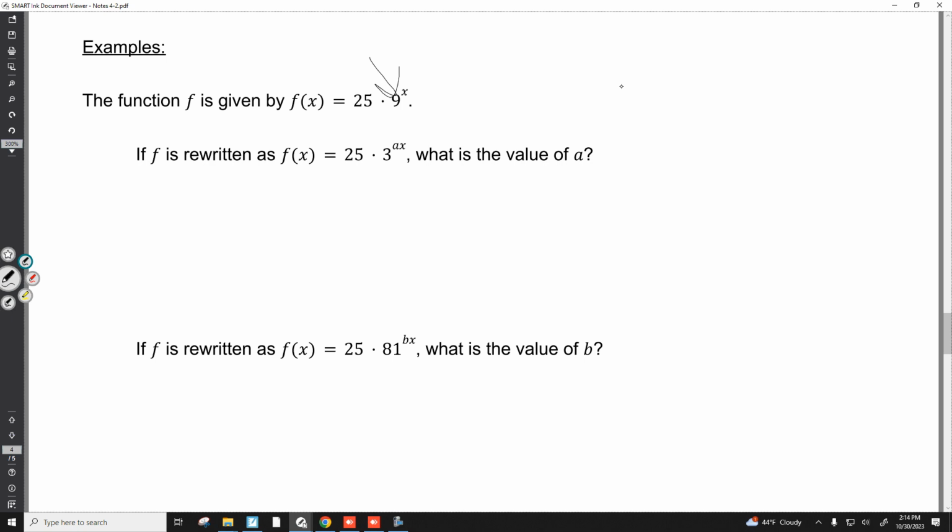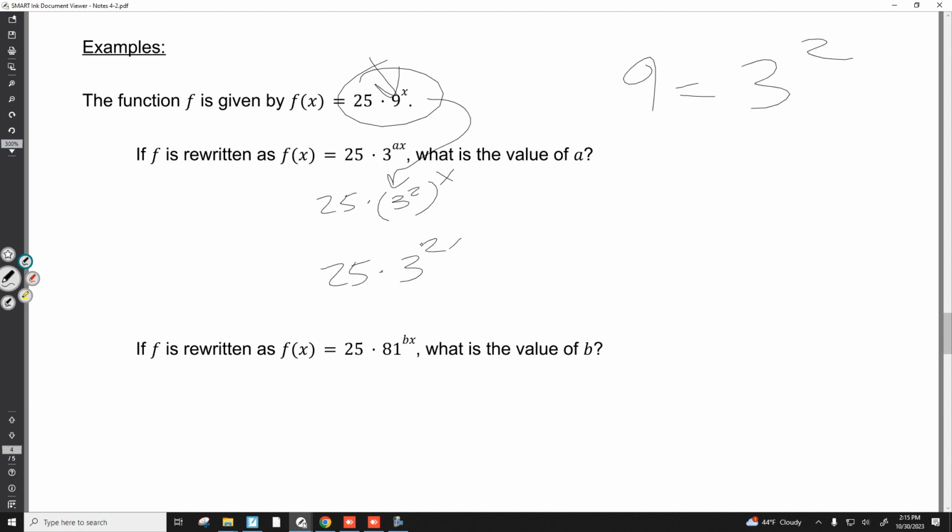I'm going to change 9 into 3 squared. So I'm going to write this as 25 times, 9 to the x turns into 3 squared to the x. A power to a power, we multiply our powers. 3 to the 2x. A's got to be 2.